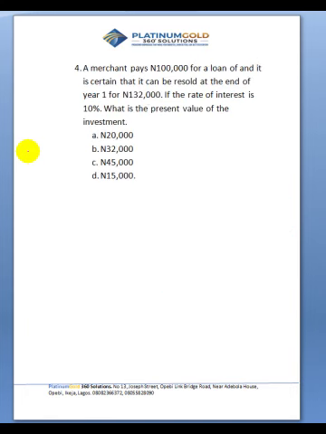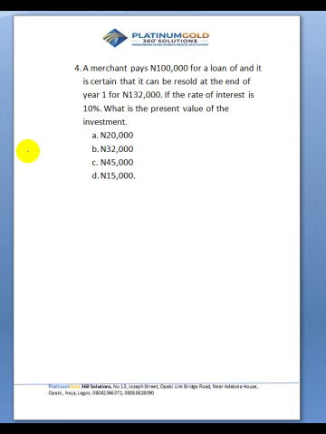Okay, let's see now. Number 4: a merchant pays 100,000 for a loan, and it is certain that it can be resold at the end of year 1 for 132. If the rate of interest is 10%, what is the present value of the investment?